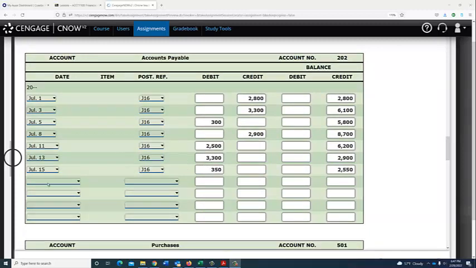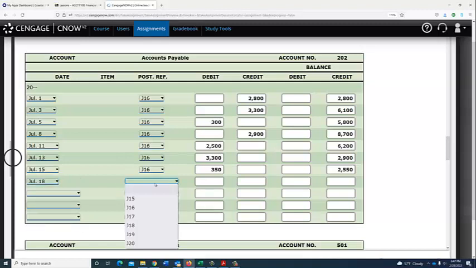So we're going to go and enter on the 18th. And that was a new page, so we're going to change the posting reference to J17. And we're going to enter a $25.50 debit to accounts payable. So we have a credit of $25.50 and a debit.